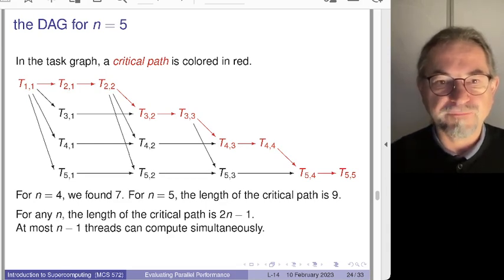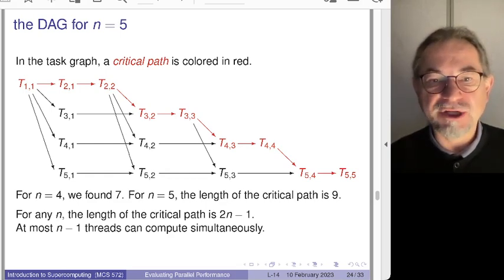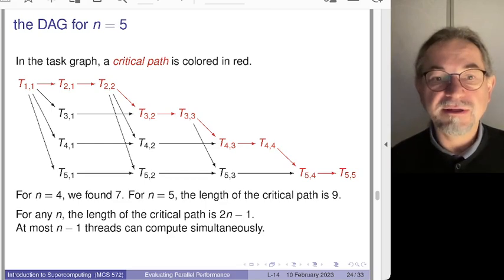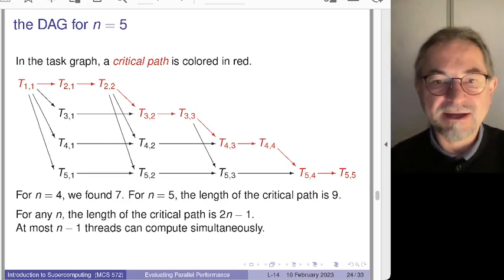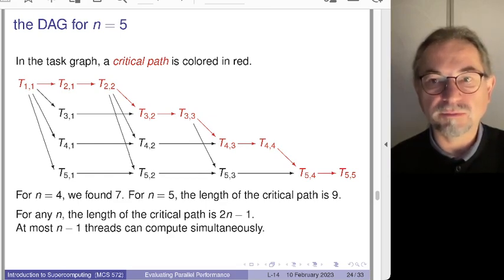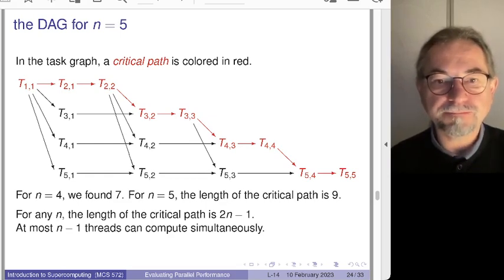For n equals 4, we found 7 as the critical path. For n equals 5, we find 9. So 9 is 2 times 5, which is 10, minus 1. 7 is 8 minus 1. So we conjectured the length of the critical path as 2 times n minus 1.